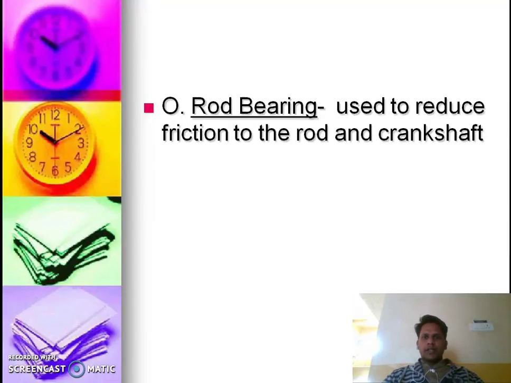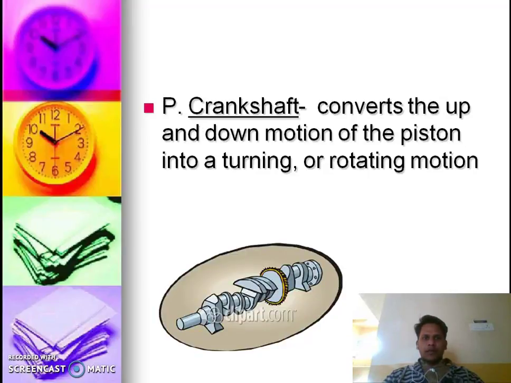Rod bearing is used to reduce friction to the rod and camshaft. It also protects the engine and resists the lubricant oil going into the burning chamber. Camshaft converts the up and down motion of the piston into a turning or rotating motion.